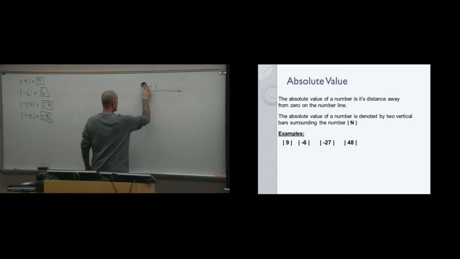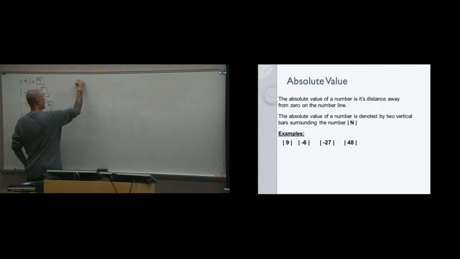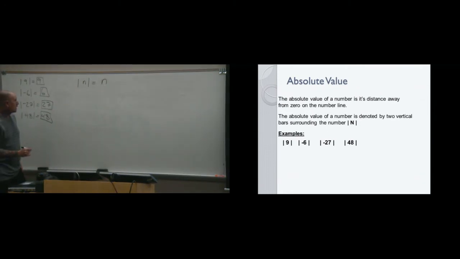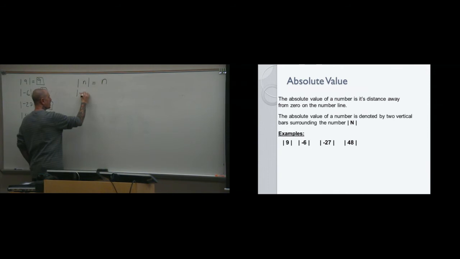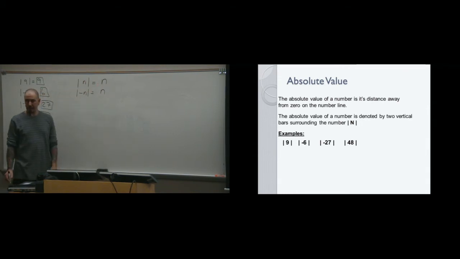So what we know right now, we want to write this out in general, is that if we have the absolute value of some number n, we get n, right? If we have the absolute value of -n, we still get n, right? Pulls that negative sign. So if there is no negative sign on the outside of the absolute values, our answer is always positive. I don't care what sign it has on the inside.